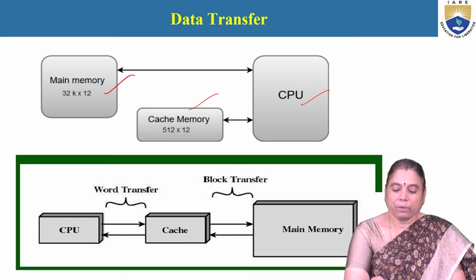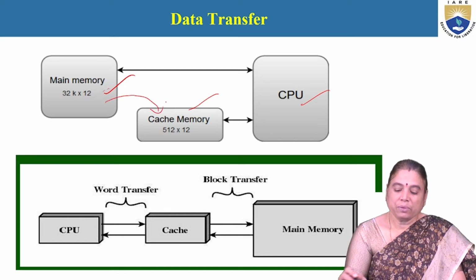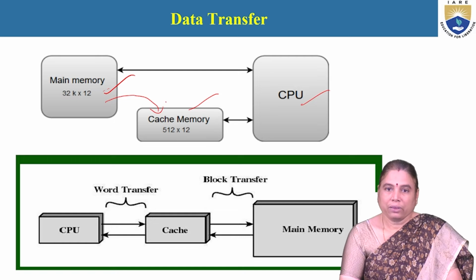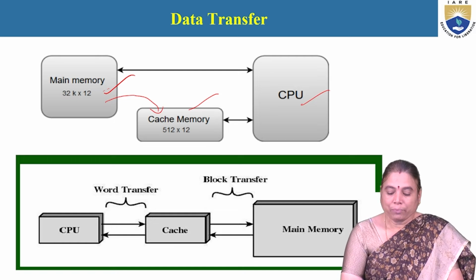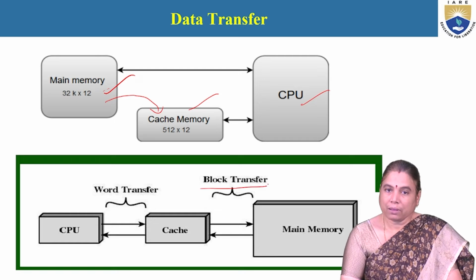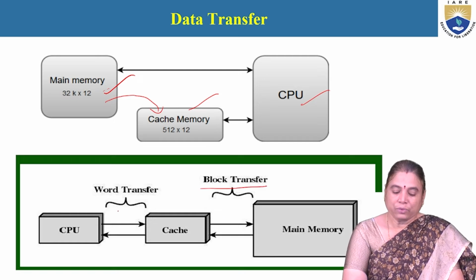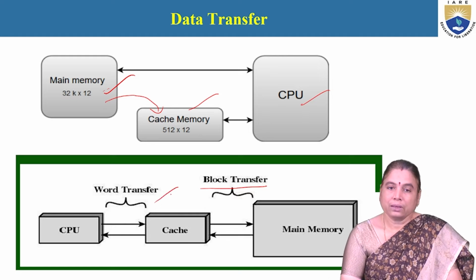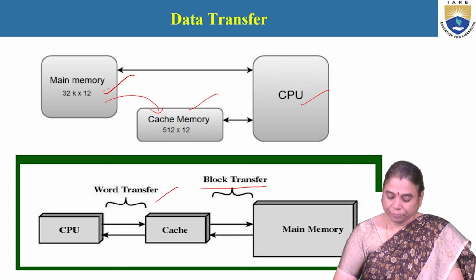Some part of the main memory, the most frequently used instructions, can be stored in the cache memory. From the main memory to cache memory is a block transfer; the unit of transfer is the block. From cache to CPU is a word transfer; the unit of transfer is the word.